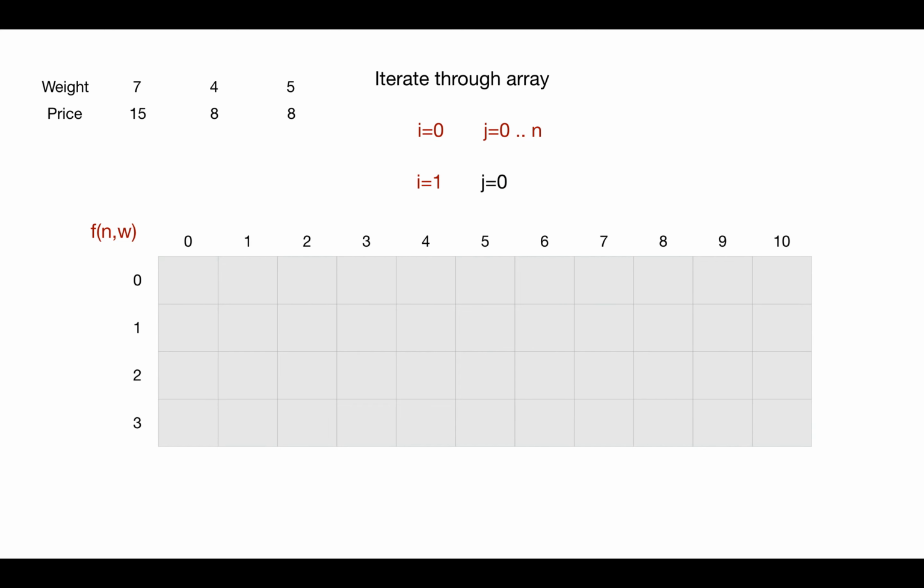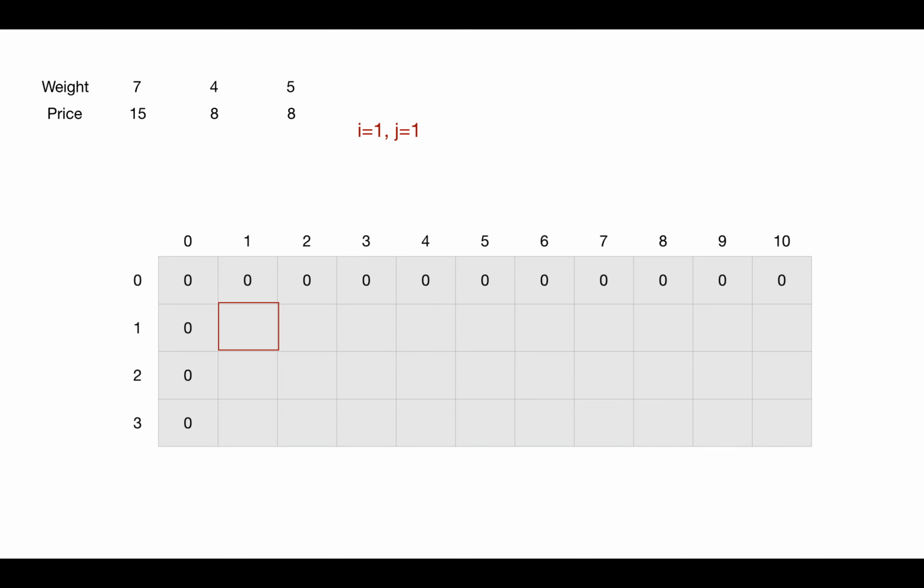So initially when item equals 0, we update 0, and similarly for item 1, when capacity is 0, we update 0. Now for i equals 1 and j equals 1, which is when the capacity of the knapsack is 1 and we have to fill the bag with exactly one item, we check if the first item can be added to the knapsack. It has weight 7, so it cannot be added as the capacity is 1.